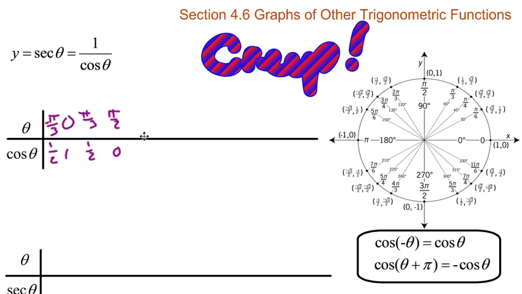Now that we have these 4 values, I'm going to use my cofunction identity and just add pi. Watch this. If I take negative pi over 3 and add pi, that's going to give us 2 pi over 3. If I add pi to it, my output is going to be the same as the cosine value, just the opposite. The cosine value was 1/2, so the opposite is negative 1/2.